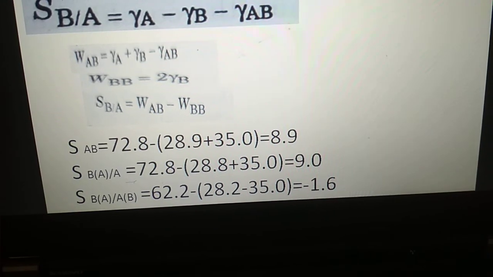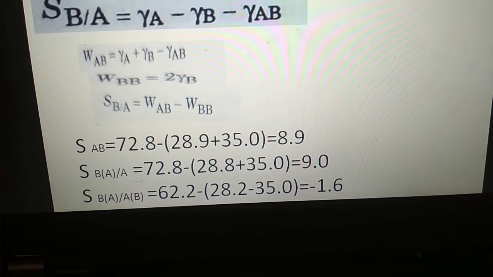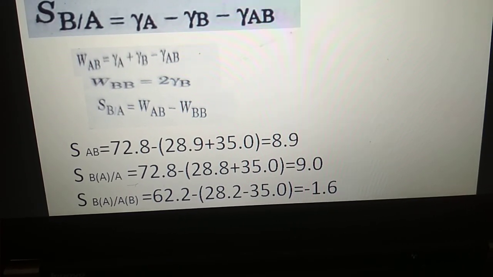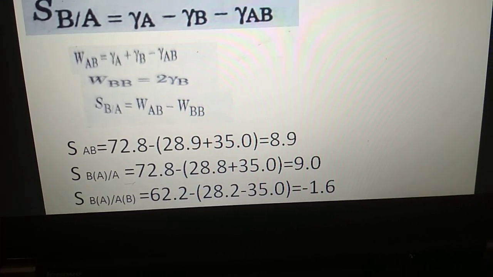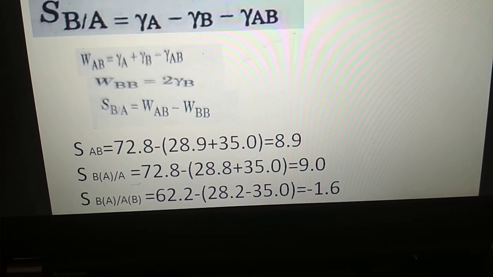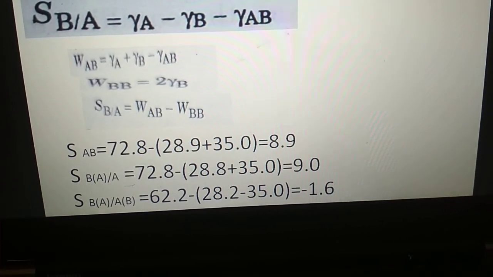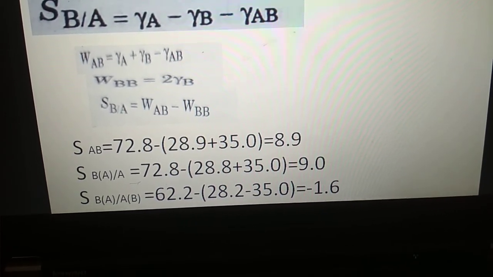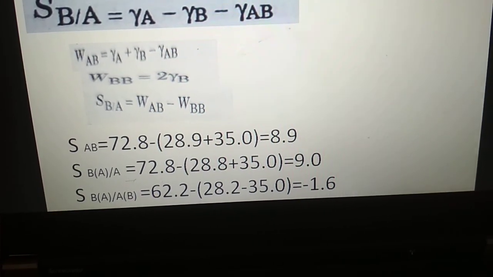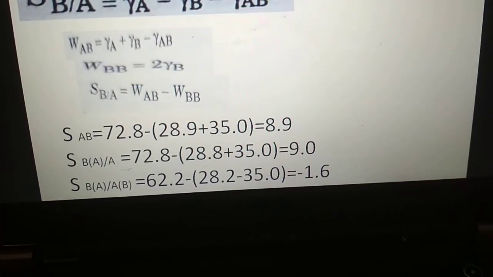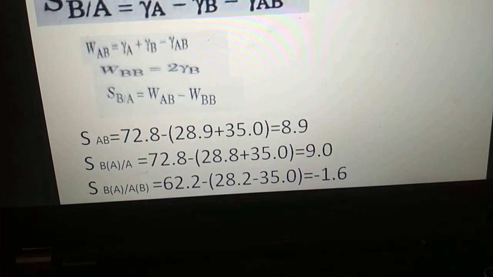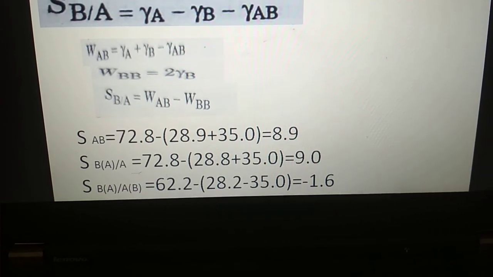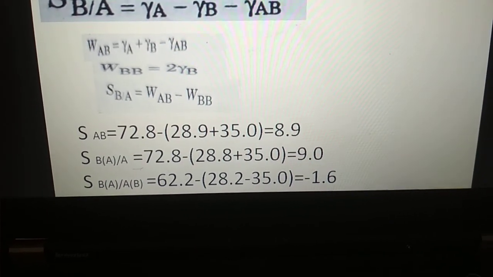The surface tension of benzene decreases due to the mixing of water. S_B upon A, B is equal to 62.2 minus 28.2 minus 35.0, which is equal to minus 1.6. 62.2 is the surface tension of water when it is saturated with benzene.